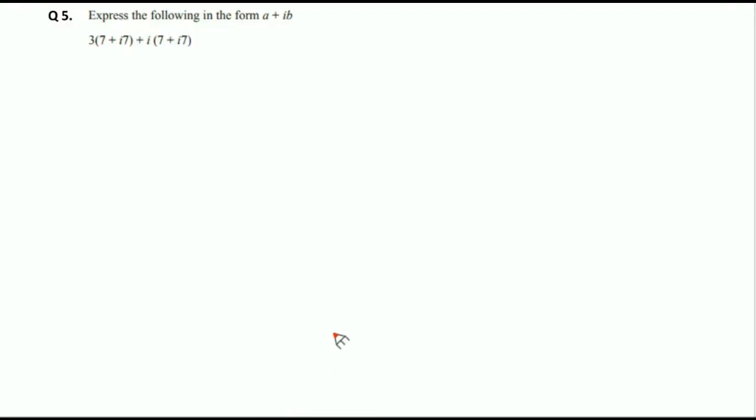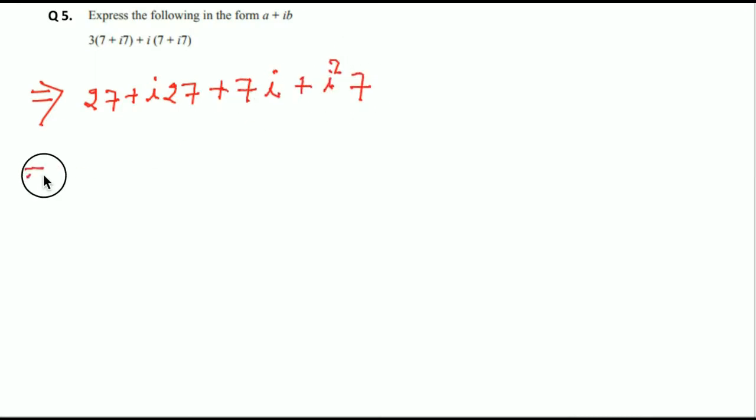(3 plus iota 7) into (7 plus iota 7). Write it in the form a plus iota b. Just multiply first. 3 into 7 is 21, plus iota into 21, plus 7 iota, plus iota square into 7. Iota square, as you know, is minus 1, so this is minus 7.